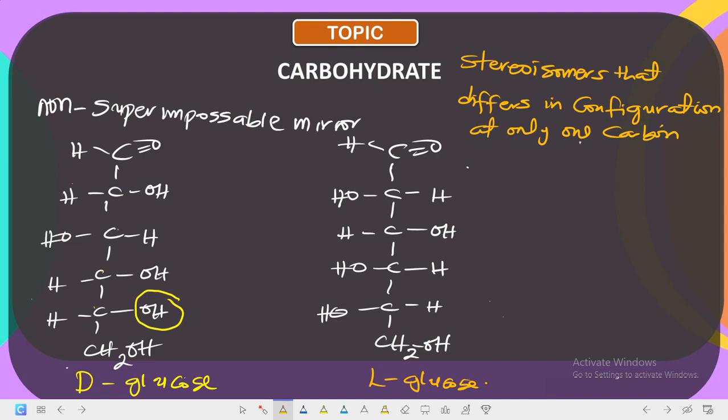Now, galactose and mannose are C2 and C4 epimers of glucose.